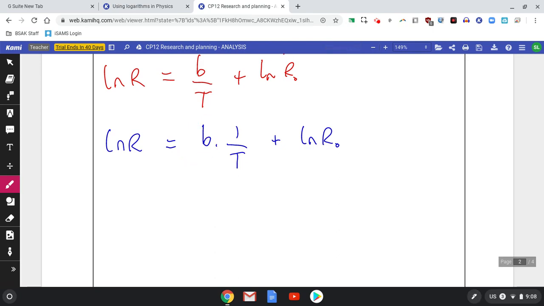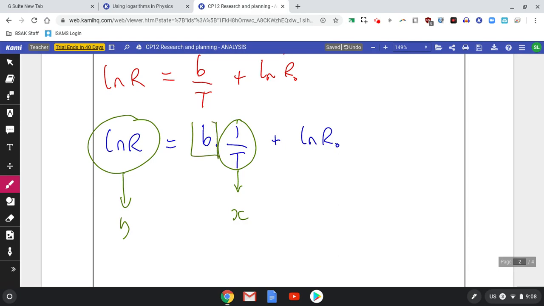So we have only one choice but to plot values of natural log R on the y-axis. We're going to plot 1 over t on the x-axis, meaning that the gradient is going to be b, and the y-intercept is going to be log R naught.